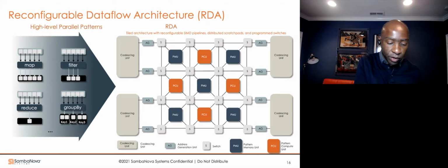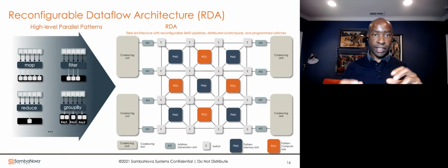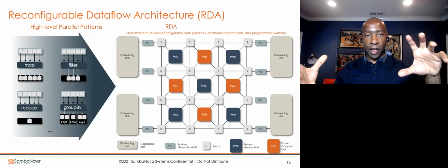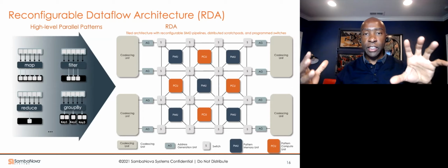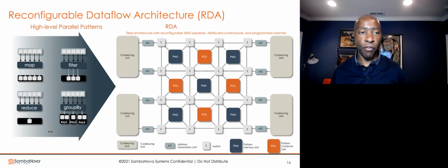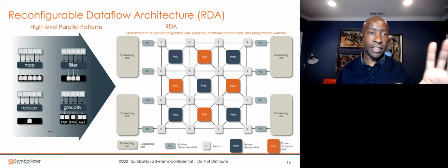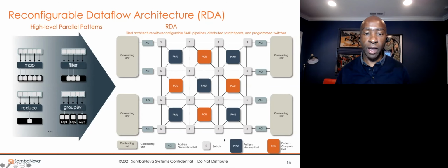The other component is the ability to reconfigure the way these parallel pattern components are put together to match the data flow of the application. The key components of the reconfigurable data flow architecture are pattern compute units to do the compute, pattern memory units to provide the data and the communication between the compute, and ways of accessing off-chip memory.